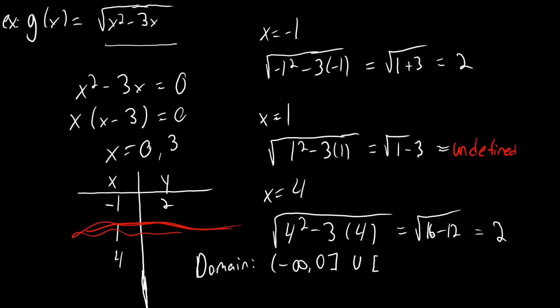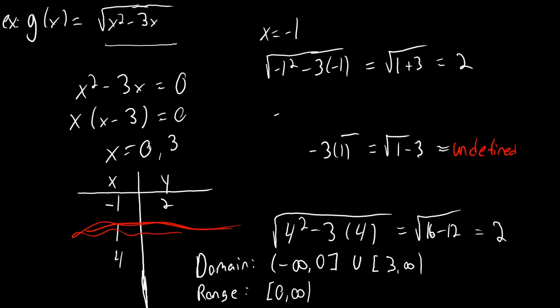And what was our other value? 3. And I'll show you what this function looks like here in a second. What about our range? Well, we have a square root, so we know it has to be 0 to infinity. Okay, perfect. And let me just quickly get rid of this, and I'm going to graph this function real quick.